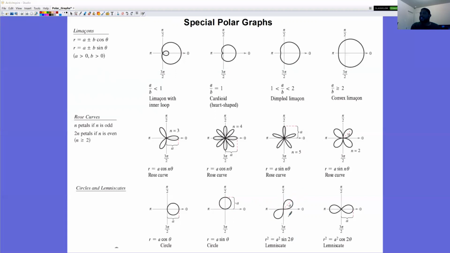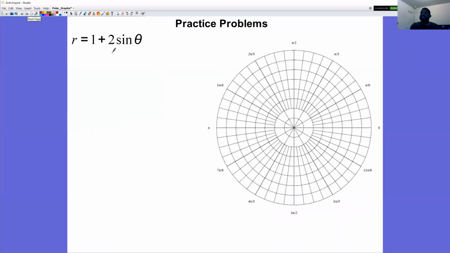You have a limaçon here. This has symmetry with respect to the pole, and so does this. So limaçons are the only two graphs we come across that will have symmetry with respect to the pole.